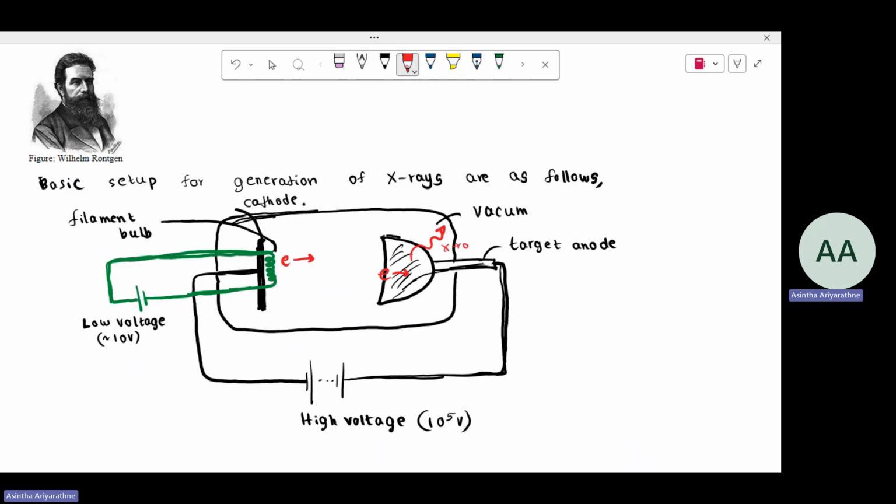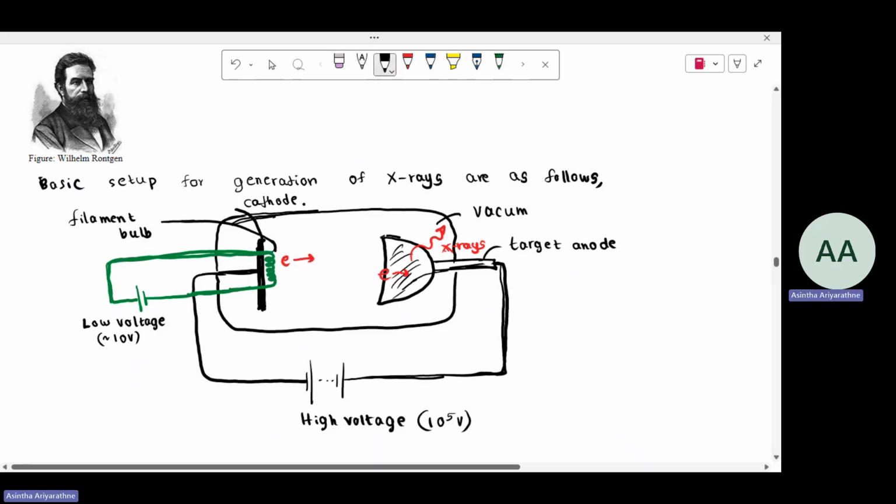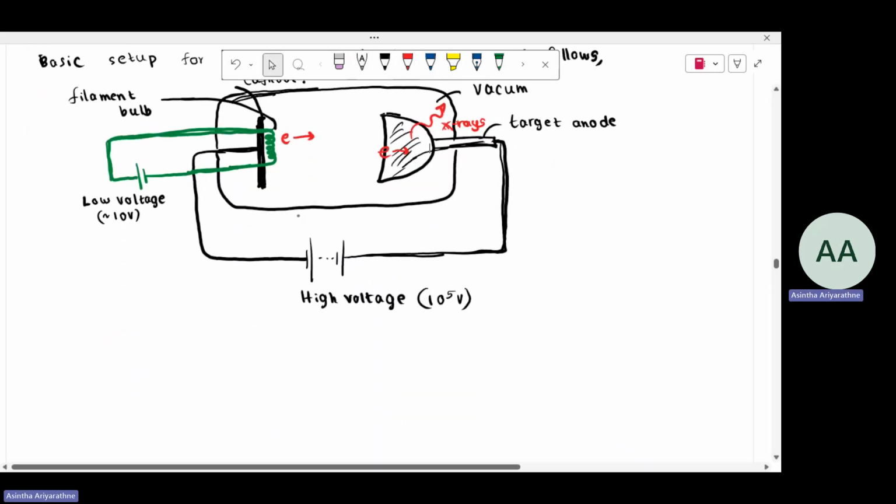So that's how it goes. X-rays are generated from the target anode. First the electrons are generated from the filament bulb.